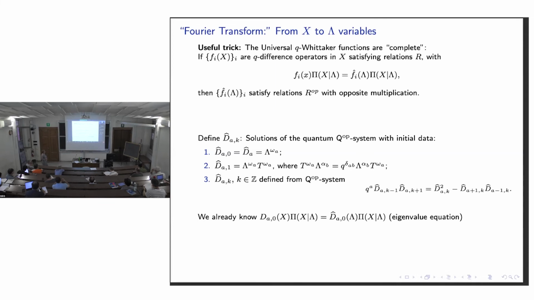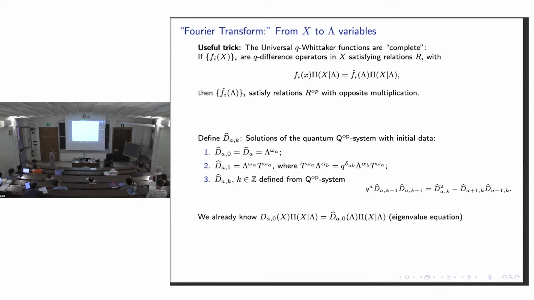This is simpler than the Macdonald eigenvalue because it's monomial. It's instead of a symmetric function, and this is what makes this engine run. And then I say, okay, I need to solve the Q system, I need two initial data, so 0 and 1. So the second one is just going to be another monomial in lambda and T. T now is a Q difference operator in lambda. And all the other ones then are uniquely determined from this equation.